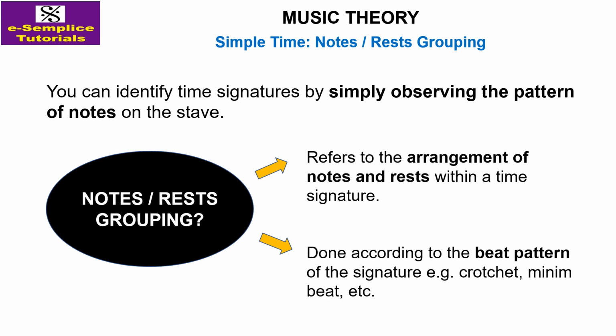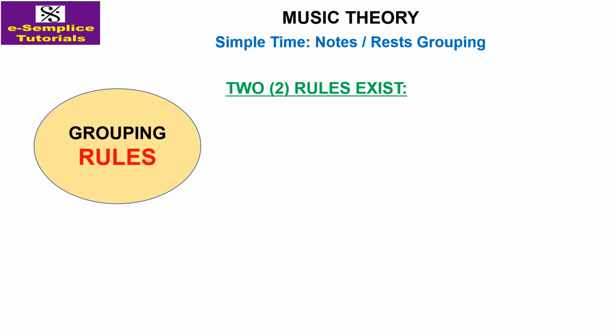The grouping is done according to the beat pattern of the signature, e.g., crotchet beat, minim beat, etc. What are the rules of grouping? 2 rules exist. 1.